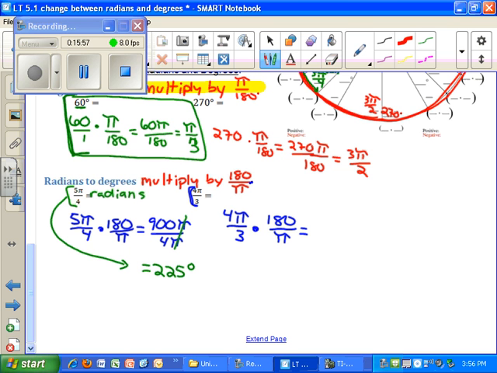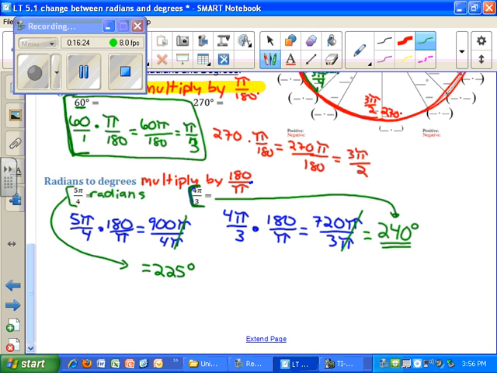And we are going to get 720 pi over 3 pi. And again, that pi on the top and pi on the bottom are going to cancel out. We're not going to have pi in our answer anymore. And 720 divided by 3 is 240 degrees. So 4 pi over 3 radians is equivalent to 240 degrees.